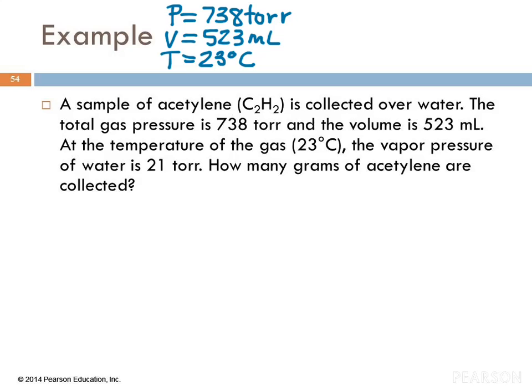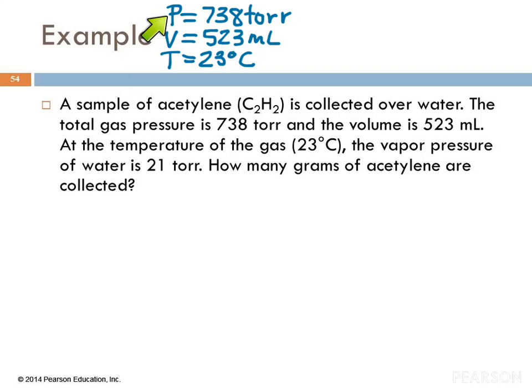And they're asking for grams of acetylene. With P, V, and T, what could we calculate about a gas? Number of moles. If we had the number of moles, could we get the grams? Yeah, because here we know what the formula is. But this is a mixture of gases.